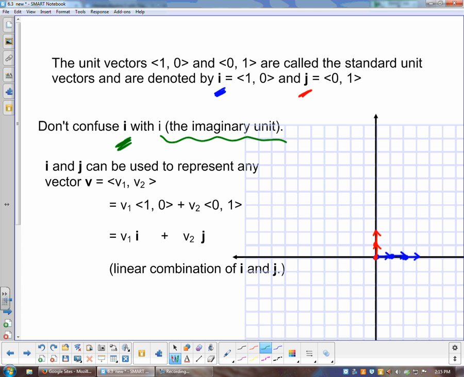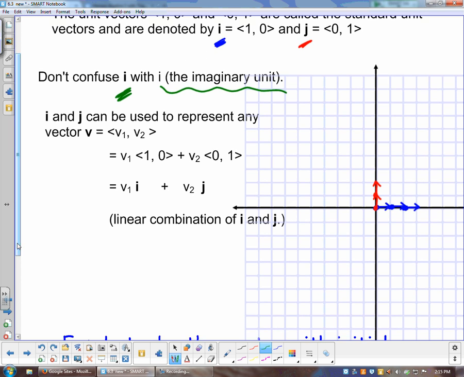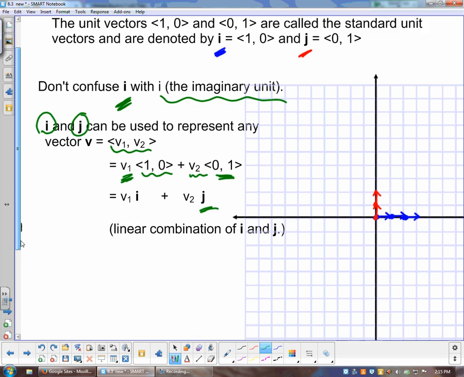I know we haven't really talked about that yet, but we'll get to the imaginary unit more in chapter 2. So vector I and vector j can be used to represent any vector v1 comma v2, where you take v1, whatever that component was, and multiply it by the vector I, which is 1 comma 0, and you take v2, that was the y component, and you multiply it by vector j. And you get a linear combination of the unit vectors I and j.